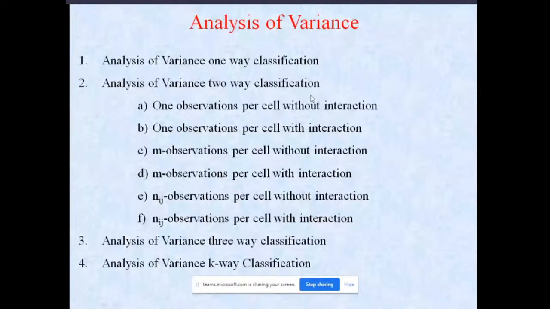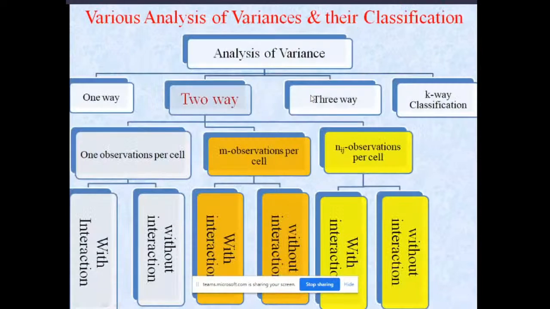Okay, now coming to one particular part, the same that I have given in a classification table format of analysis of variance: one way, two way, three way, so on, k way, and two way, one observation per cell or equal number of observations per cell, that is more than one but equal, and unequal number of observations per cell.